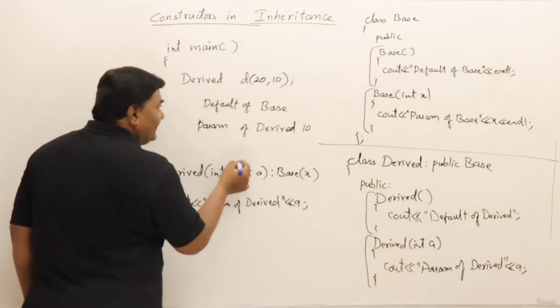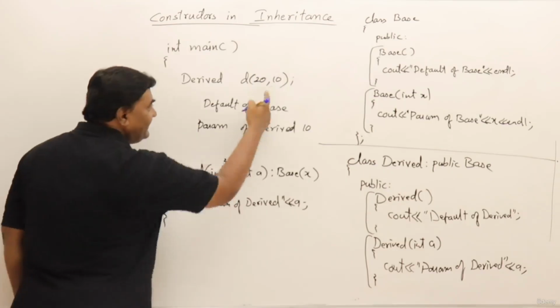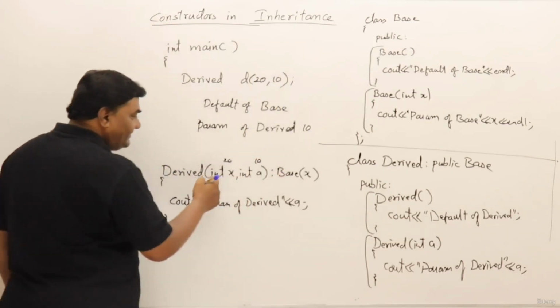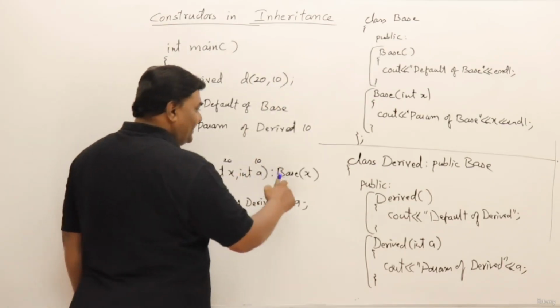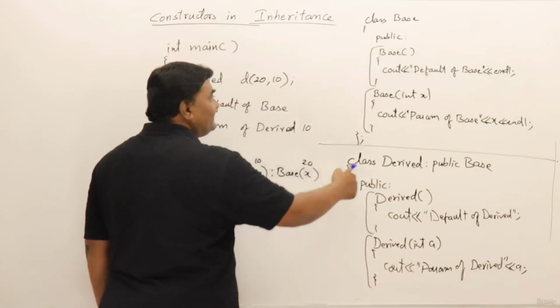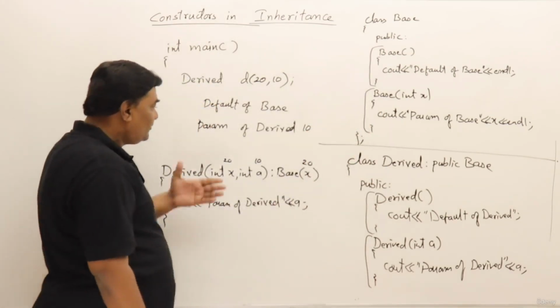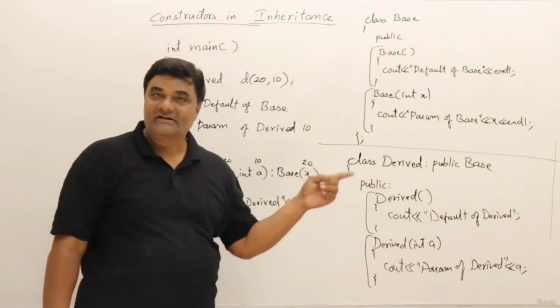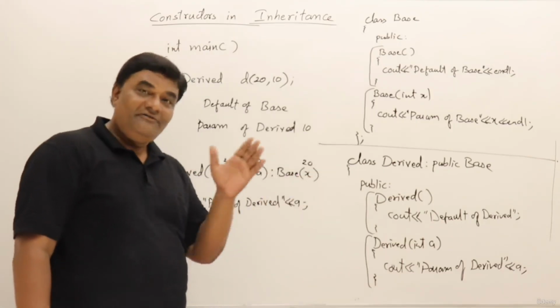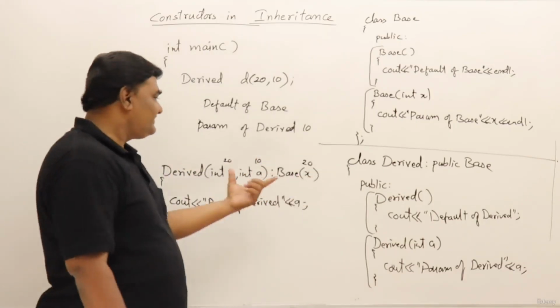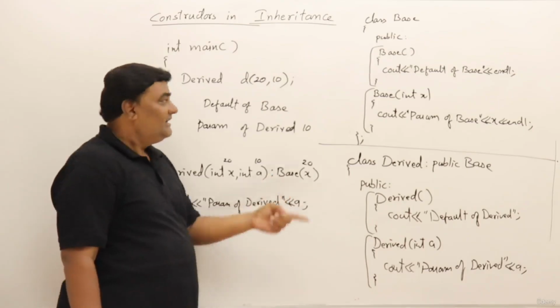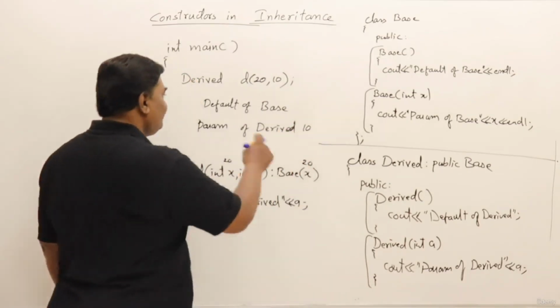So what is this doing? Taking 20 in x, taking 10 in a. Then what is it doing? Calling base 20. So this base class constructor that is parameterized is called. So yes, you can call parameterized constructor of base class from derived class constructor. This is the syntax. Now that will execute. So what will it display?